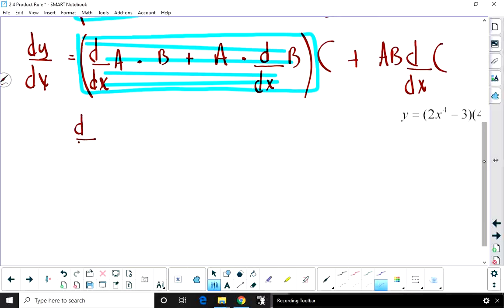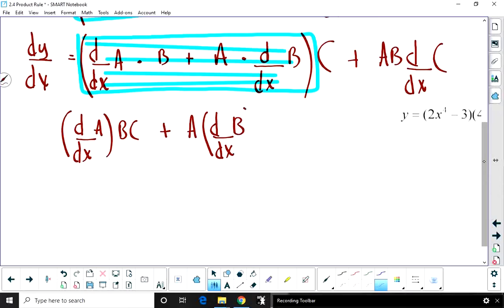I get the derivative with respect to x of A times B times C plus A times the derivative with respect to x of B times C. And then I have plus A times B times the derivative with respect to x of C. Everybody gets a turn at being differentiated.